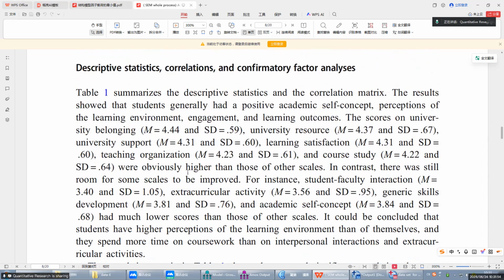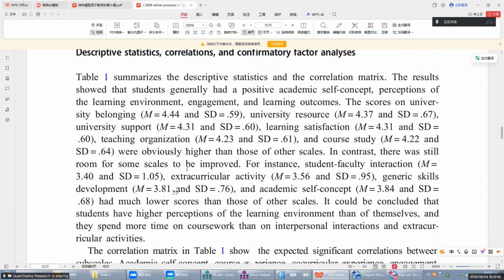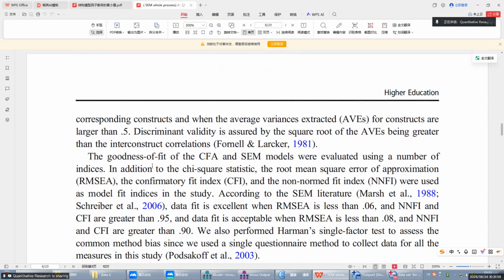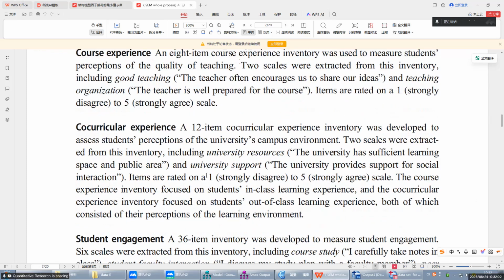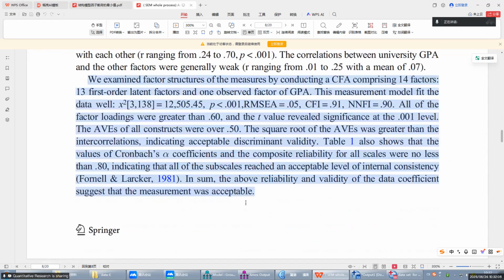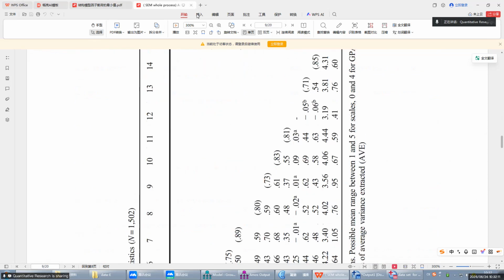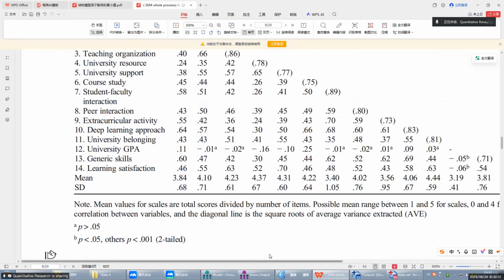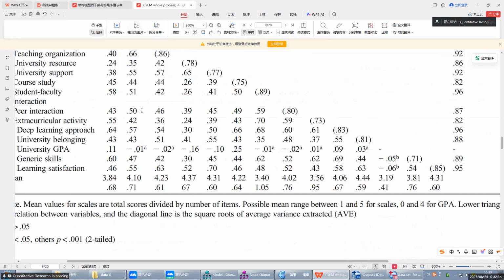I can show you. Where is it? Right, here. Can you tell me what it is?